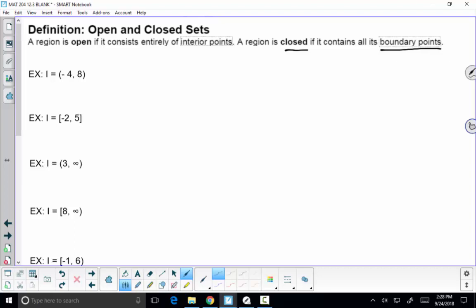So the real line, when we have the whole real line, a boundary point will be a point that has every neighborhood, every subinterval containing it, containing points in it and out of it. But are there any points outside of the real line?